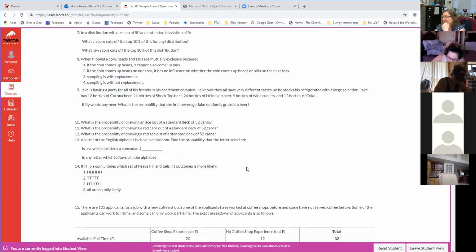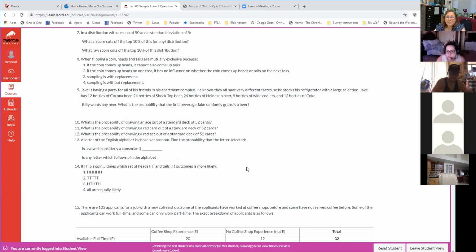It's the same idea as when someone gets pregnant, right? The probability of having a boy or a girl is 1 in 2, right? So 50%, or 0.5, okay?